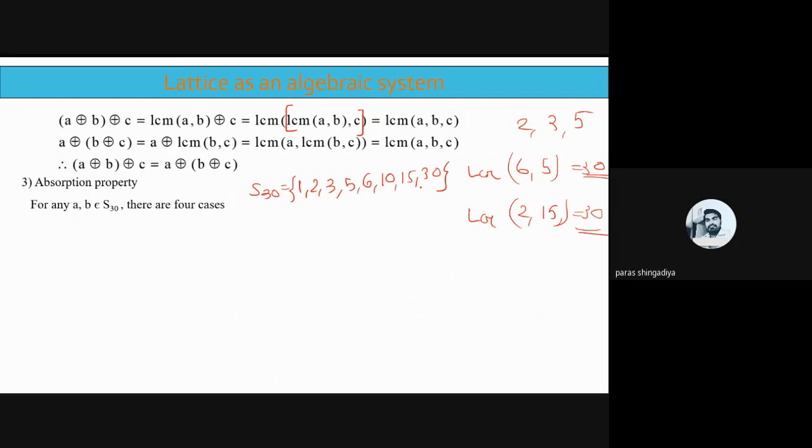In the absorption property, we just combine GCD and LCM both. It means the formation is A ring sum, A star B. What does it mean? A ring sum B means LCM of A comma B. Clear?